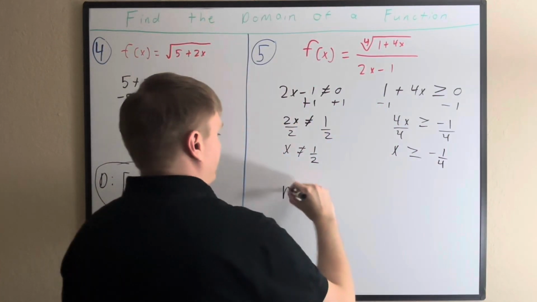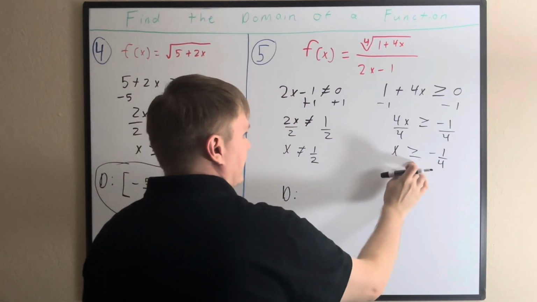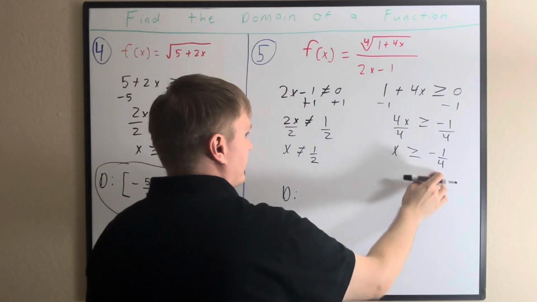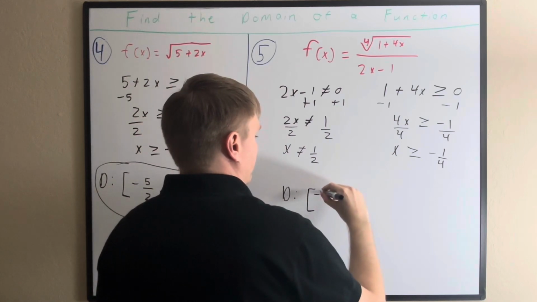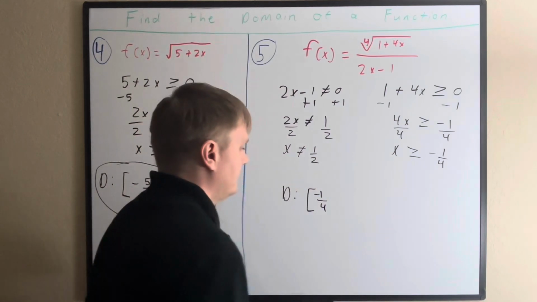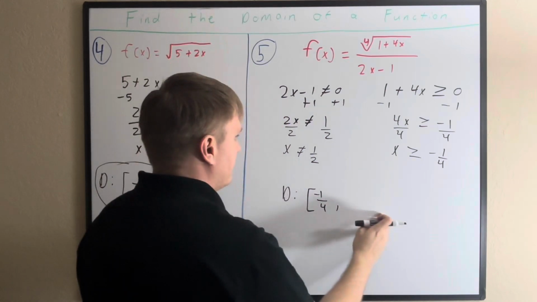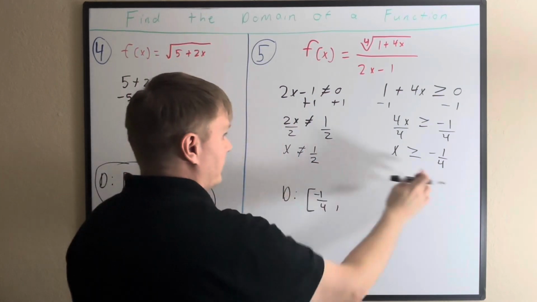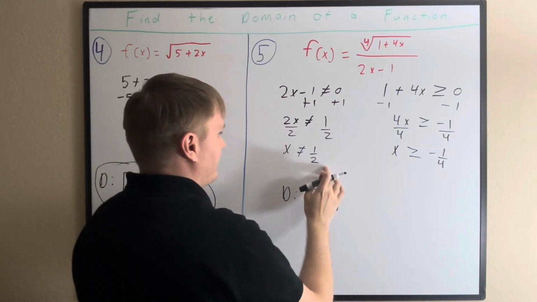Okay, so what's the domain of this one? Well, it can't be anything less than negative 1/4. So it must be greater than or equal to negative 1/4. So we're including negative 1/4 in this. And do we go all the way to infinity? Is 1/2 greater than negative 1/4? Yeah, that's negative. This is positive.